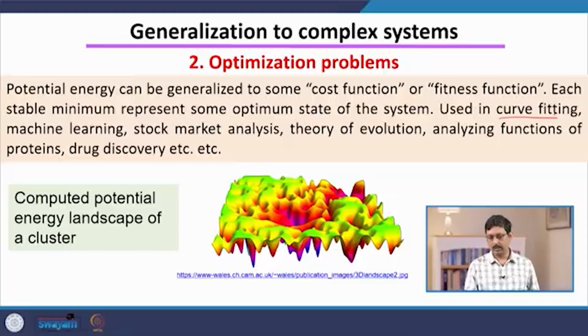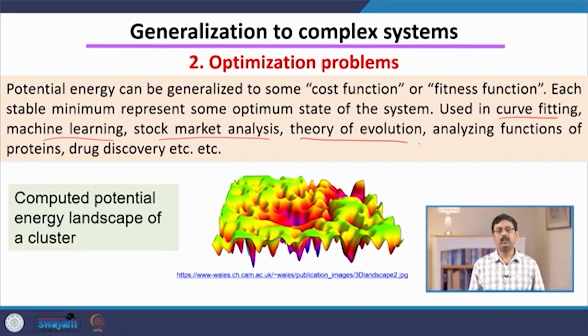It is used for example in curve fitting, in various machine learning problems, in economics, in stock market analysis, in biology, in analyzing evolution theory, the functions of proteins, drug discovery, etc.